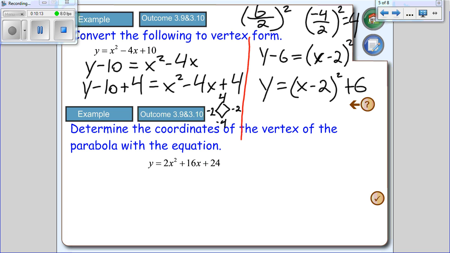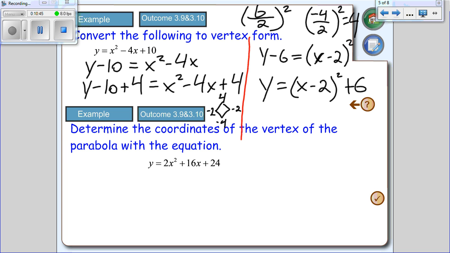So I'll go over it one more time. We've converted from general form to standard form. To do that, we completed the square. To complete the square, you need to move the c value that didn't work to the other side. So that's what we did. Took that 10, moved it to the other side. Then we had to add a c value that would work, because we need a perfect square trinomial.